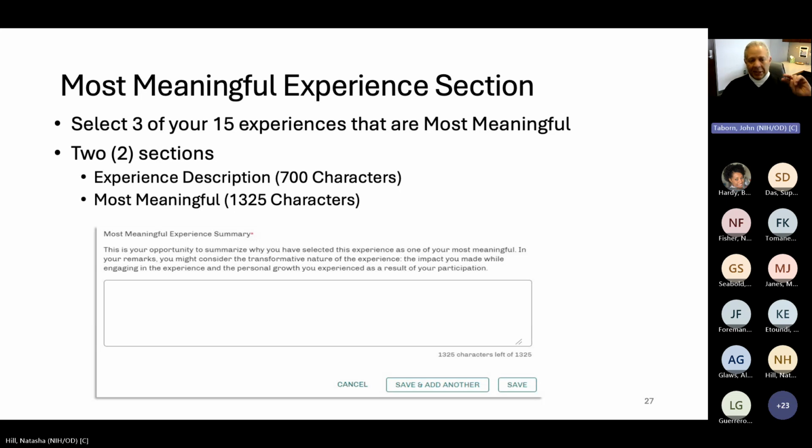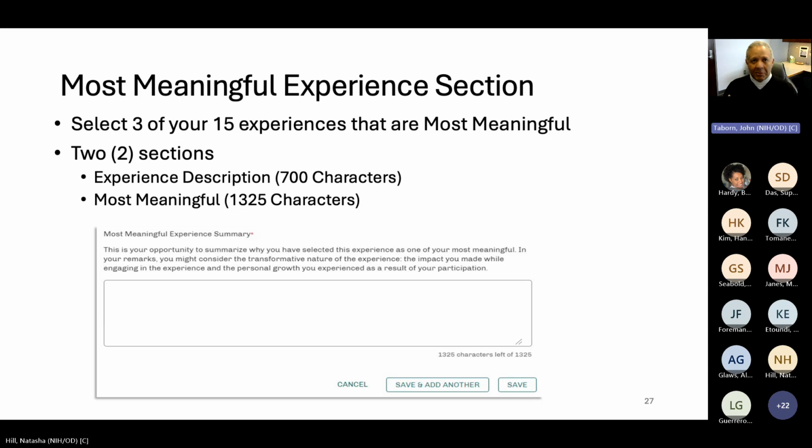One is you want to split what you did in the experience from the most meaningful section. And secondly, under most meaningful, you're really writing how you grew, changed, or developed as a result of that role, and explaining it to your reader, the doctors, so they understand how you grew, changed, or developed, and also if you had an impact and why that's important to you.